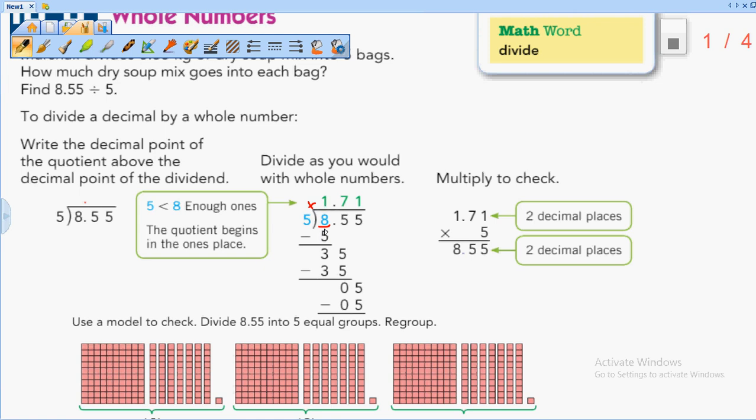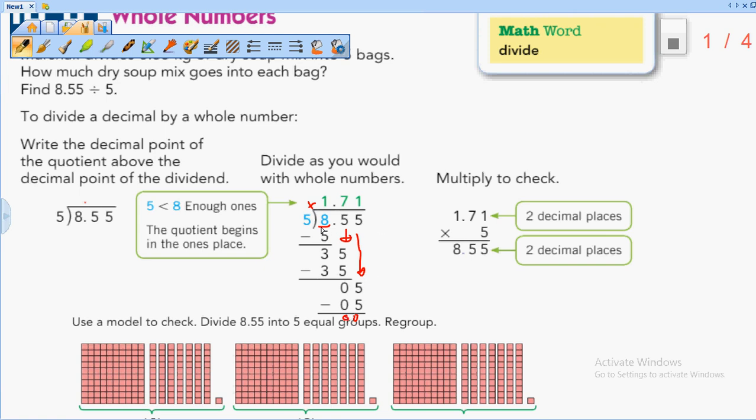So 1 times 5 is 5, 8 minus 5 is 3, and 5 here comes down. 35 divided by 5 is directly 7. 7 times 5 is 35, 0, and the last digit comes down. 5 divided by 5 is 1. 1 times 5 is 5, so when you subtract, you will get 0, without remainder.